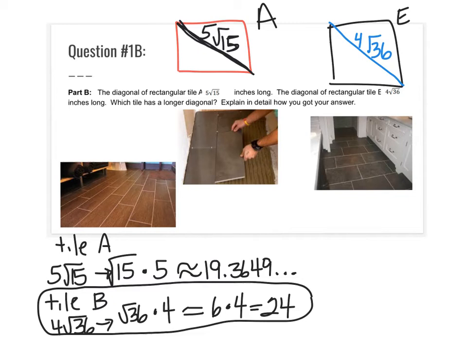So it says, explain in detail how you got your answer. Tile B has a longer diagonal.